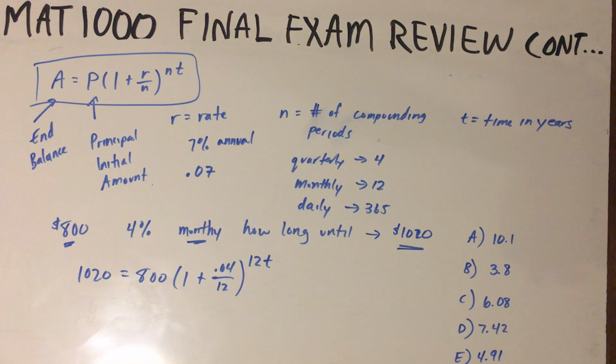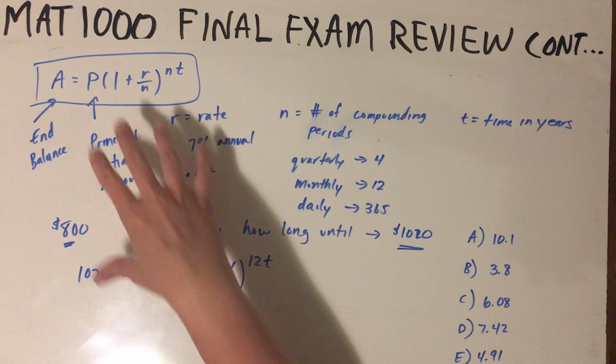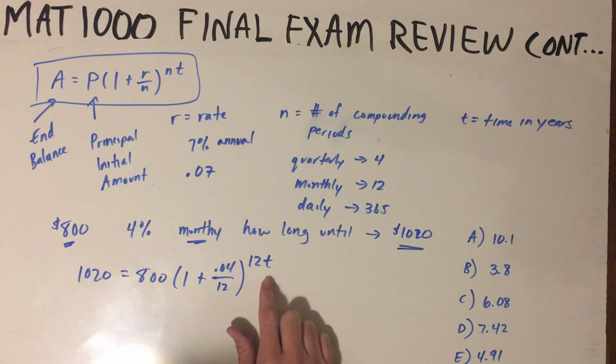All right, so again, if I can plug all of this into this formula here, we would typically take a log and do different things to solve for t here, but we don't know how to solve for t.